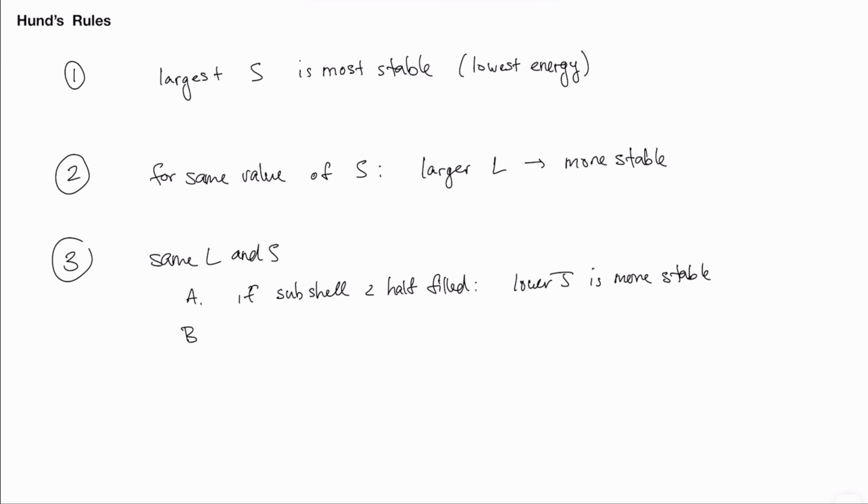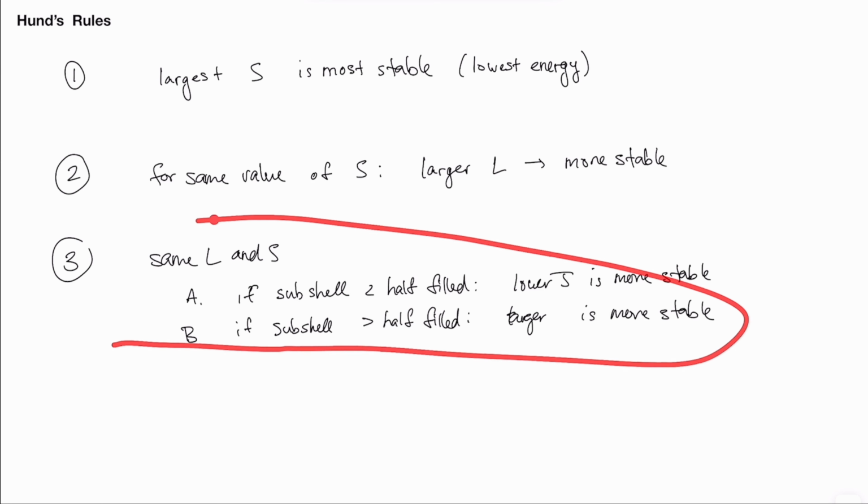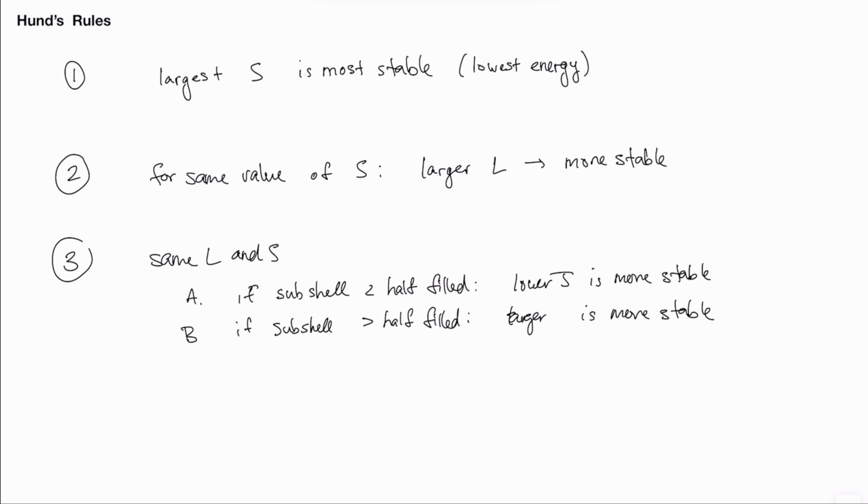And then B, if the subshell is more than half filled, then larger J is more stable. So the rule kind of switches depending on the filling of the shell for this last case. That's what makes it slightly more complicated.